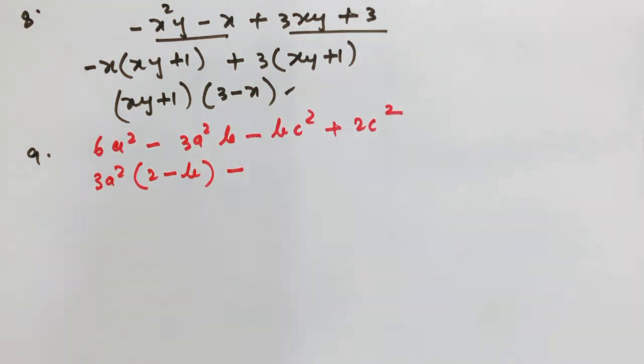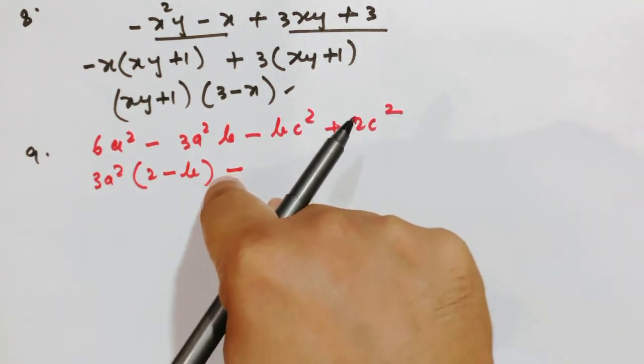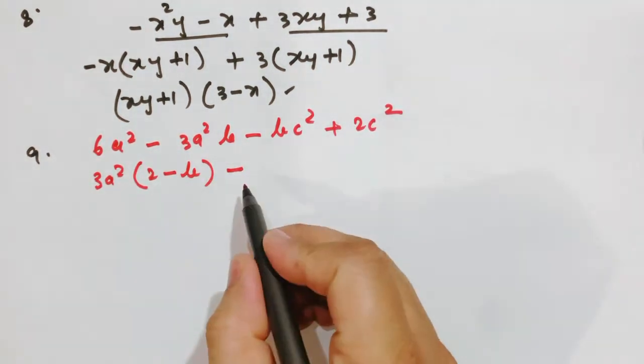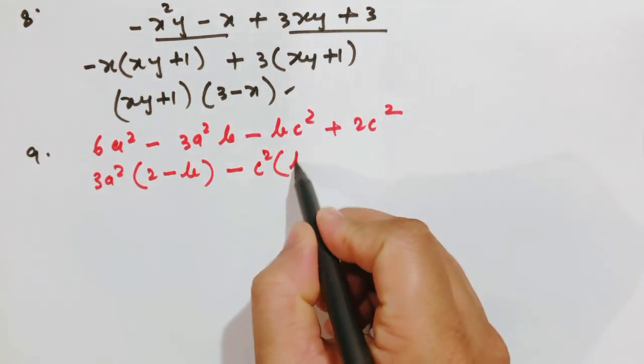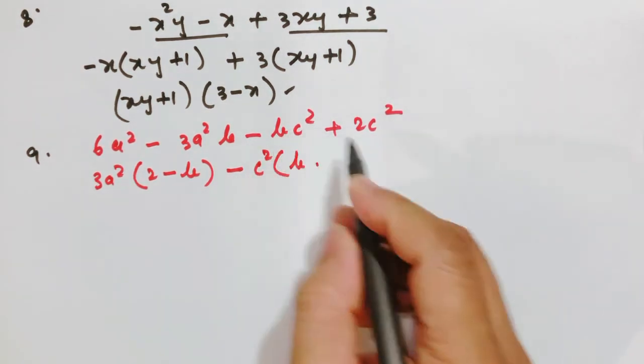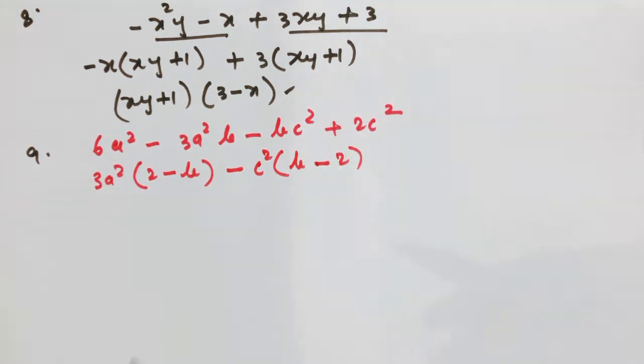Once again look, every time I am stressing on that particular minus sign. So minus, when you take c square as common, you will be getting b minus 2.